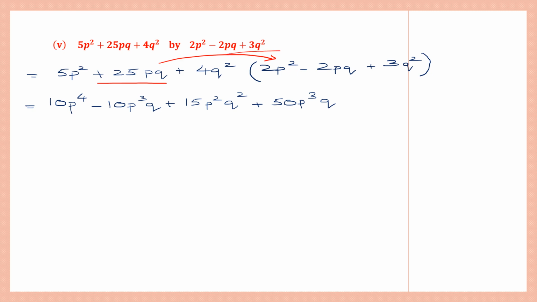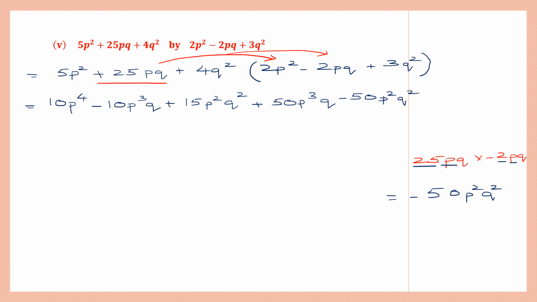Now we are going to multiply with this. Now if it's confusing, we'll work it out here. 25pq into minus 2pq. The sign is minus. 25 into 2 is 50. Then we have p into p, which is p square, and we have q into q, which is q square. So minus 50 p square q square.